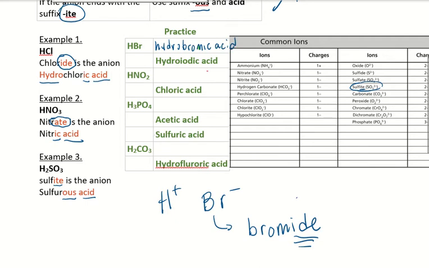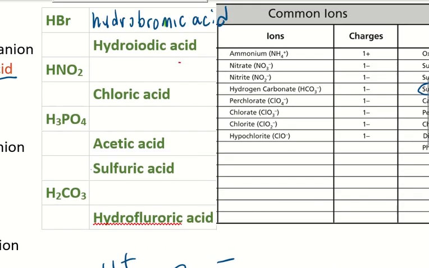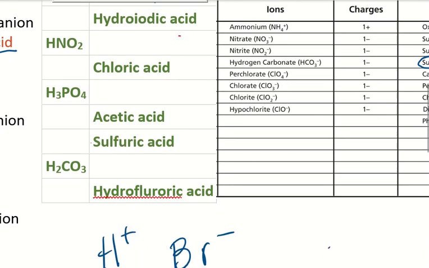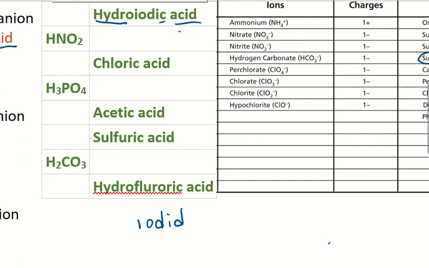Is there always going to be a hydro in front of them? The only time you use hydro is with IDE suffixes. So, take a look. Hydroiodic acid. What anion are we talking about here? Iodide. So iodic becomes iodide.